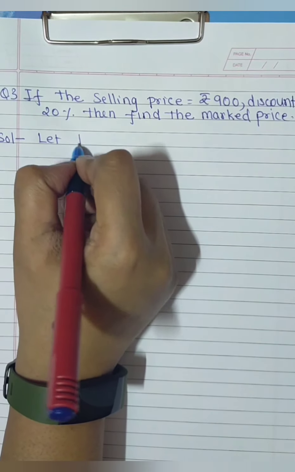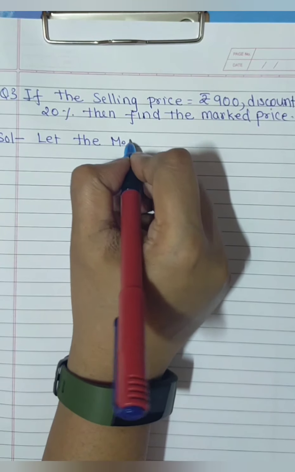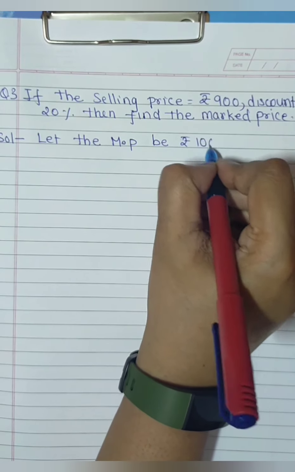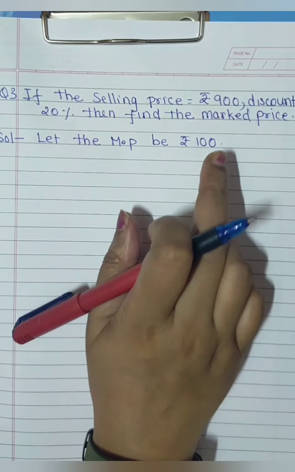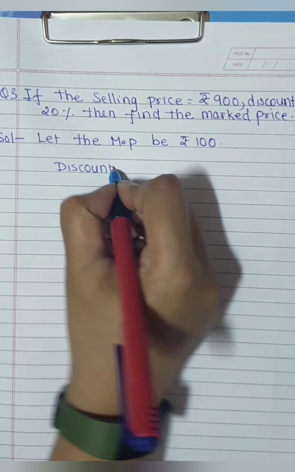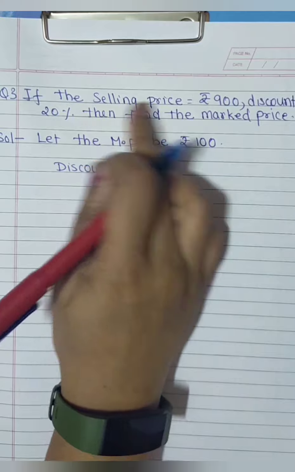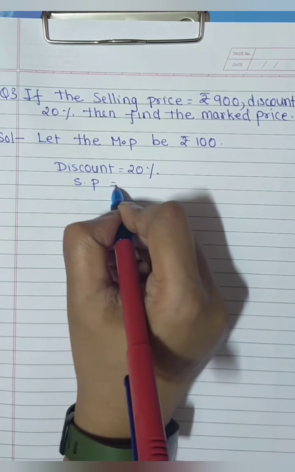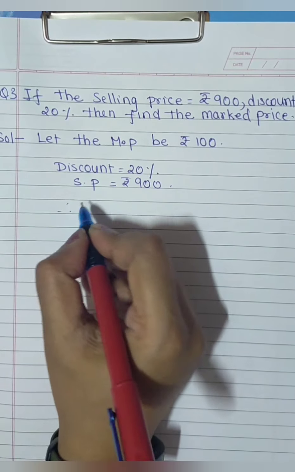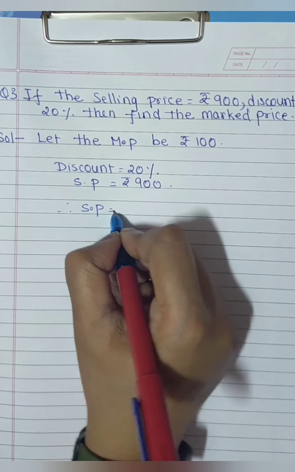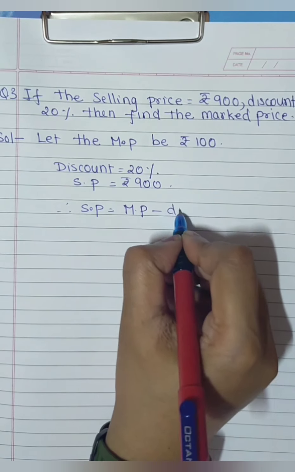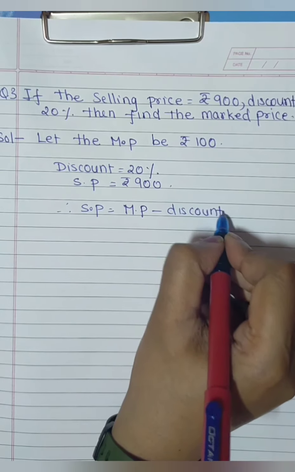Let the mark price be rupees 100. Okay, we will assume it as 100. Now discount is given 20%, and selling price is rupees 900. Okay, now we are going to take the formula selling price is equal to mark price minus discount.